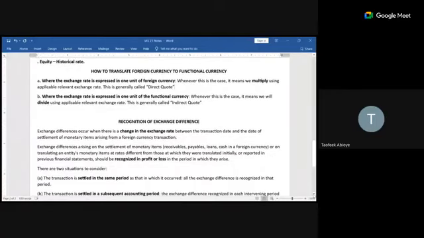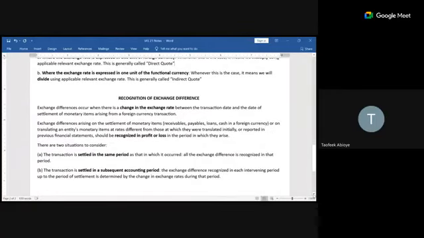Recognition of exchange difference. This is very, very important. When can we recognize exchange difference?